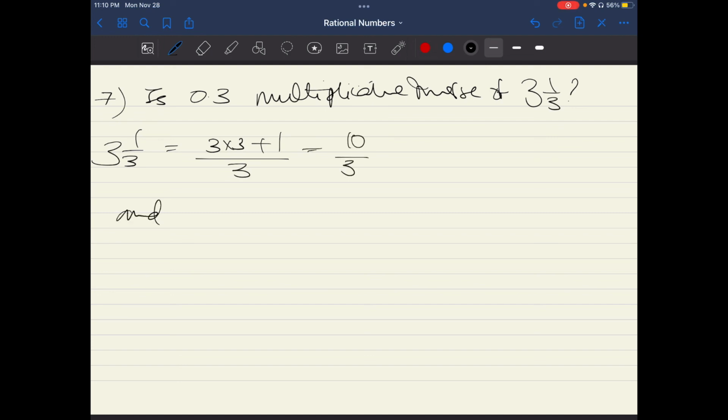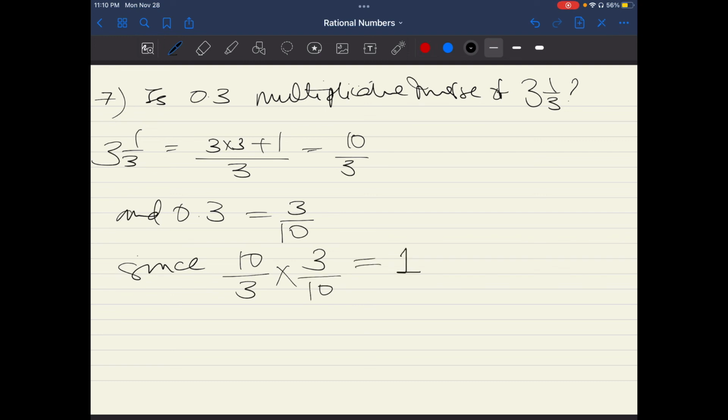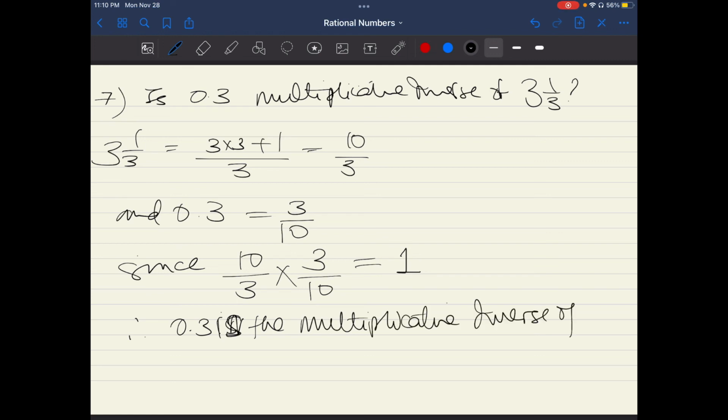And 0.3 can be written as 3 over 10. Now, since 10 over 3 times 3 over 10 equals 1, therefore, we can say that 0.3 is the multiplicative inverse of 3 1 over 3.